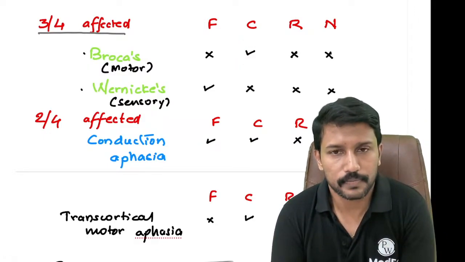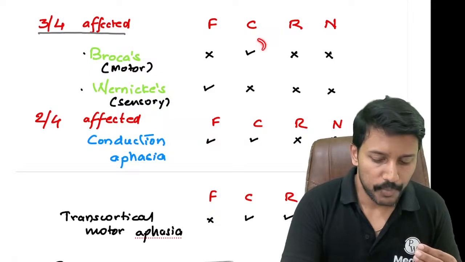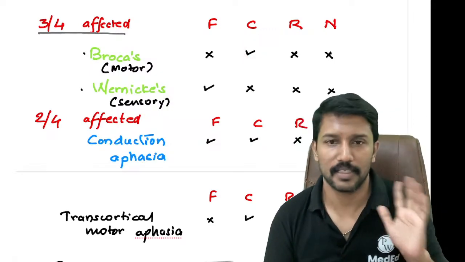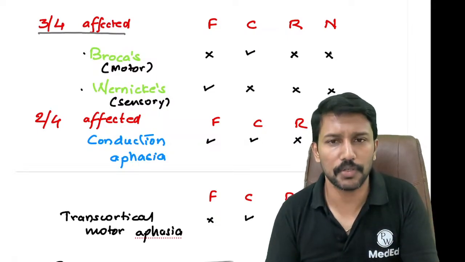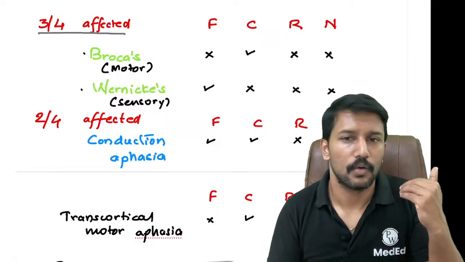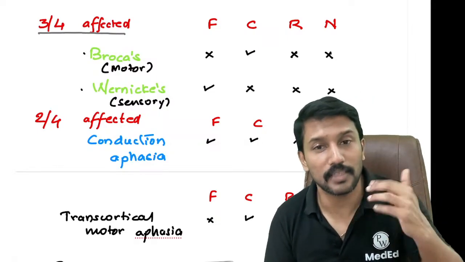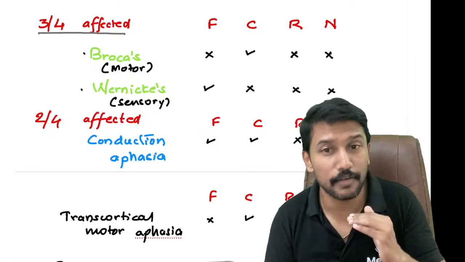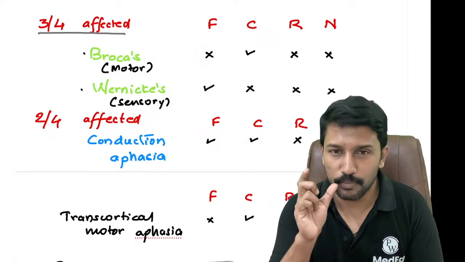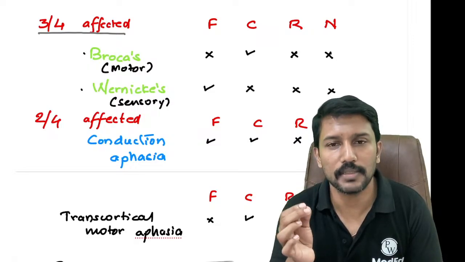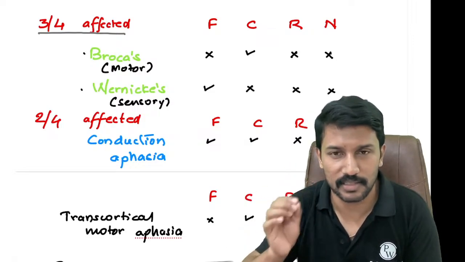So in Broca's, comprehension is preserved, means you talk to them, they understand because they are able to comprehend. You ask them a question like, what's your native place? They understood you asked what is your native place. But their fluency is gone. So when they try to respond, they will respond with a broken language, with minimal words, unnecessary pauses or unnecessary full stops.